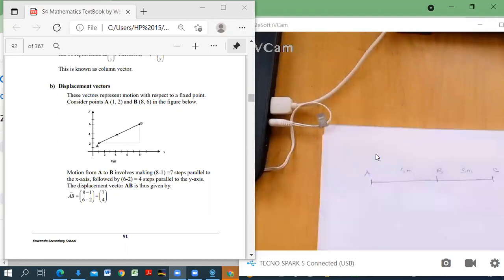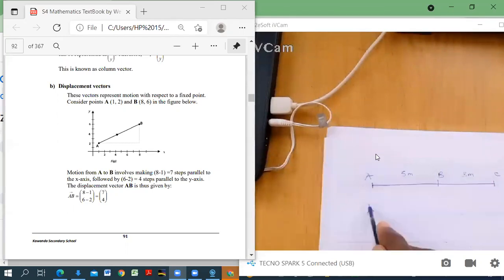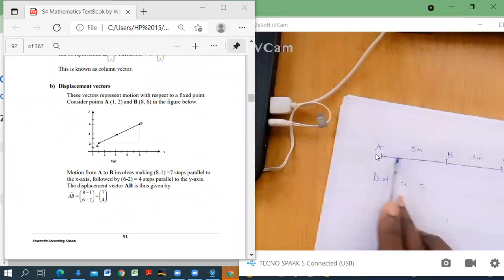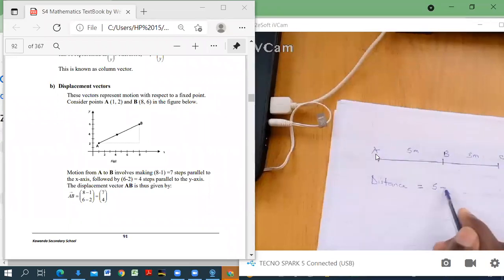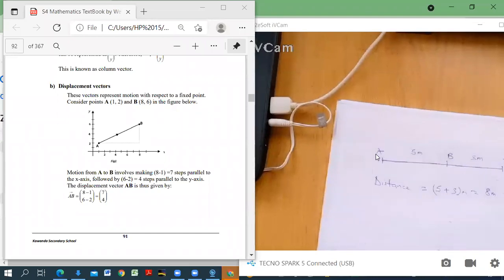What's the total distance there? The distance we just add, not so? So it is going to be 5 plus 3, which will give us 8 meters.